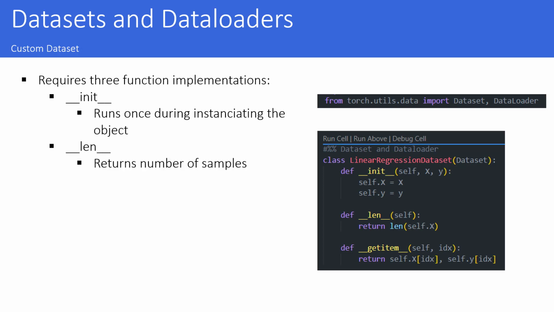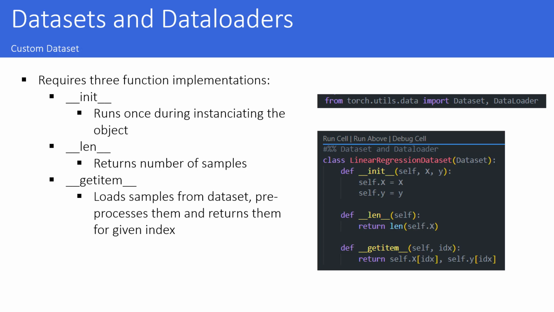Then you have a len function, which is just returning the number of samples that are available. And then you have to have some implementation of the getitem function. This one is loading samples from the dataset and preprocesses them in the way that you have defined and returns them for a given index. So here at the right hand side you can see our own implementation as we will develop it together in our coding session.